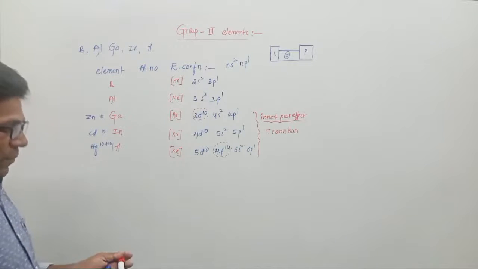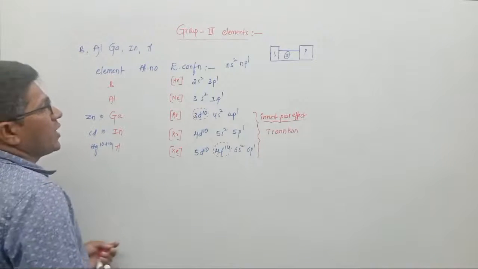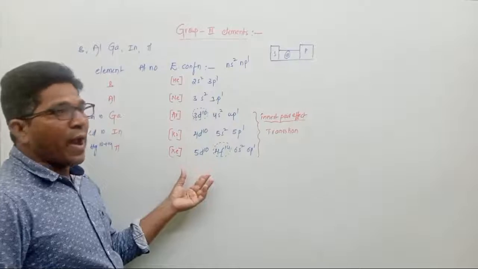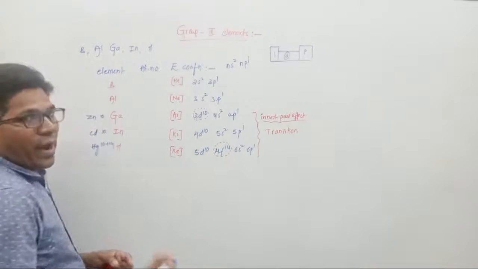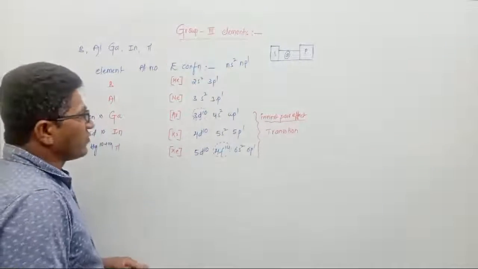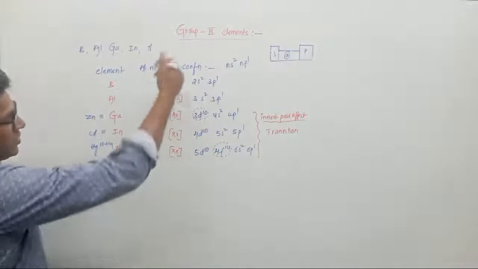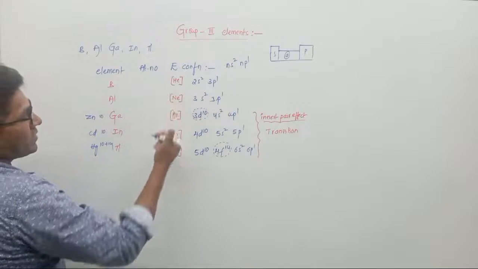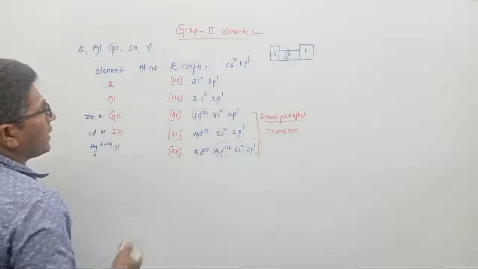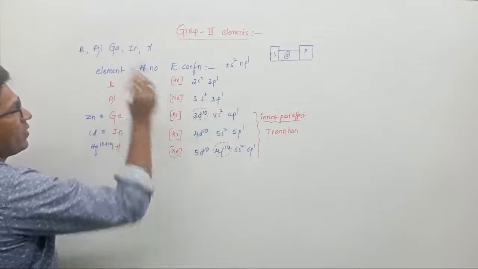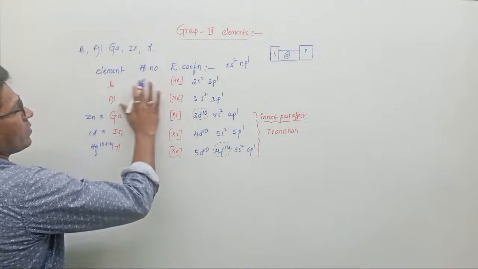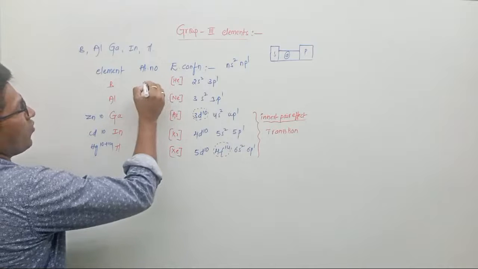Now go to atomic number. So generally noble gas atomic number add +3. For third group add +3. For fourth group add +4. Otherwise noble gas add 2, 10, 18. Total how many? 5 electrons.